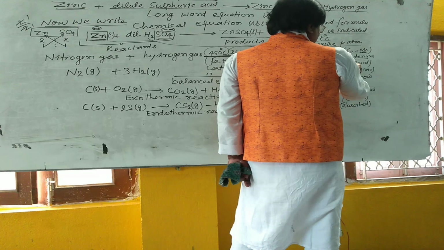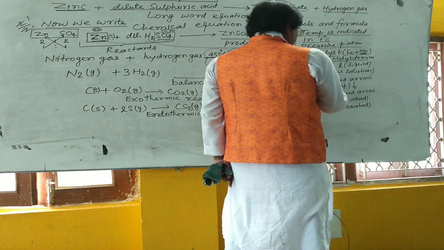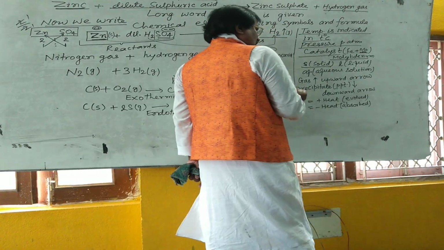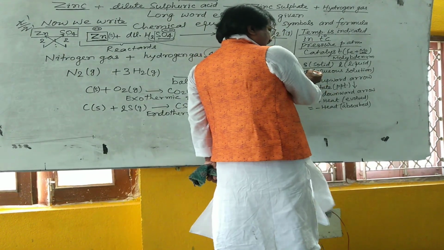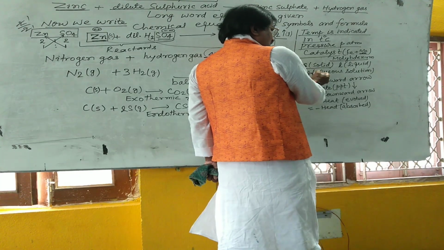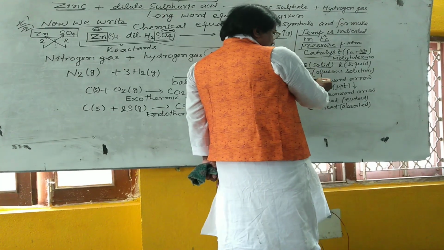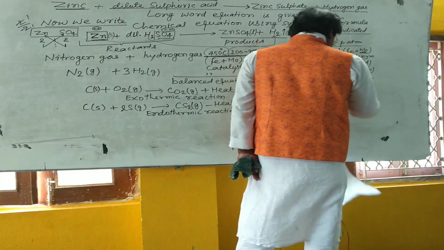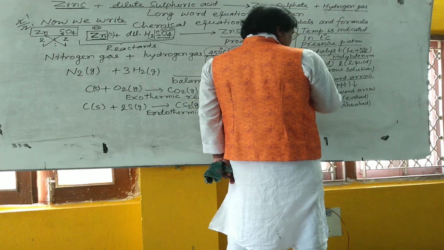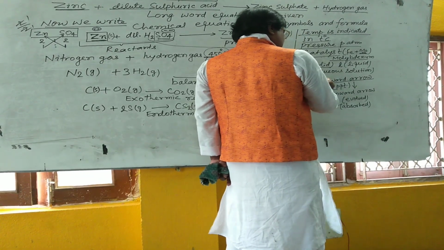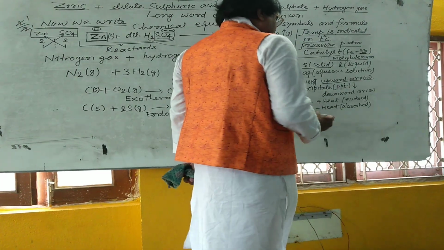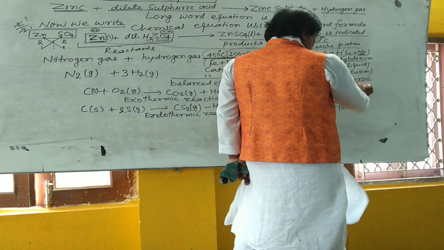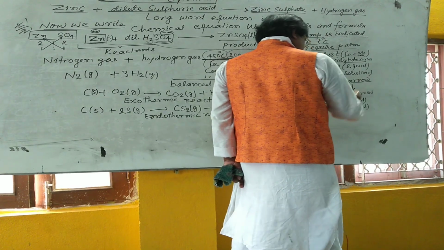Liquid is indicated as a small l beside the symbol. Aqueous, a water solution, is denoted as a small aq. Gas is indicated as an upward arrow or as a small g. Precipitate is indicated as ppt or a downward arrow.